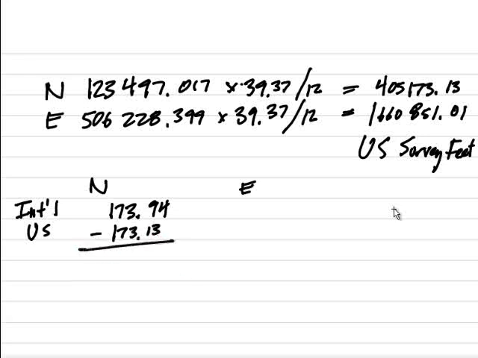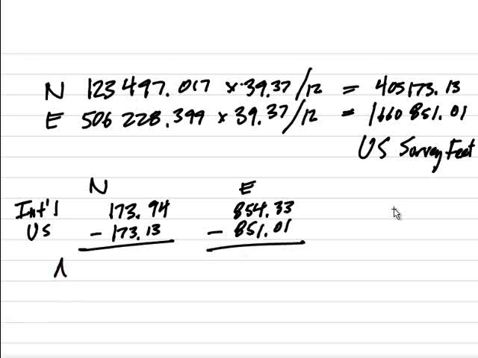And then the same thing on the easting: 854.33 minus 851.01.